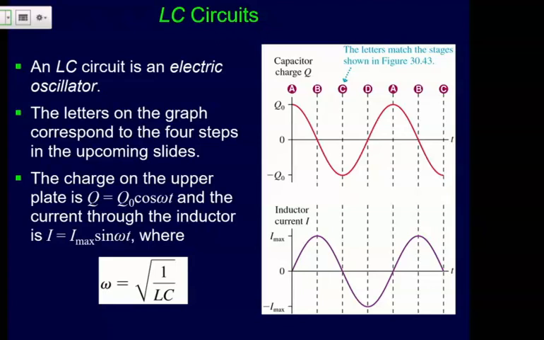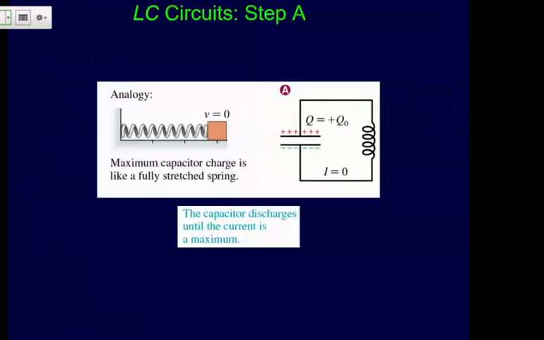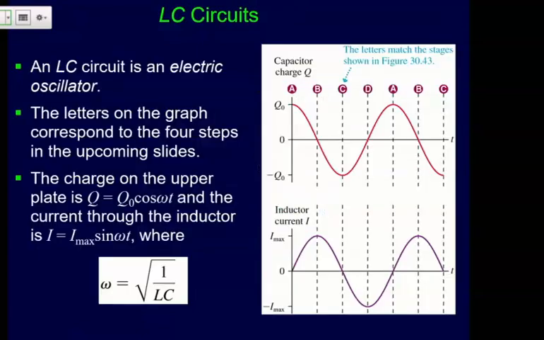If I plug in time 0, I get 1, and so that's the maximum. And then the current through the inductor is I max times sine omega t. And again, one thing to be conscious of is the fact that we're defining our current to be negative dQ/dt. So that's why this works out this way.